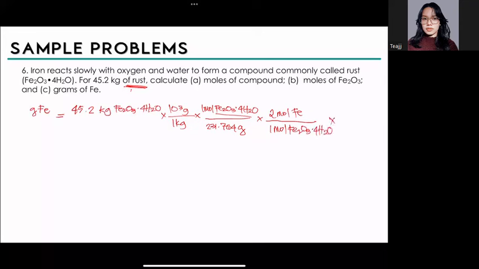To get the mass from the number of moles, we just use the molar mass. And we already know the molar mass of Fe, right? So for every mole of Fe, we have 55.85 grams of Fe. And if you put that into a calculator, you'll have 21.784 grams of Fe, or just 21.8 grams of Fe. Okay?